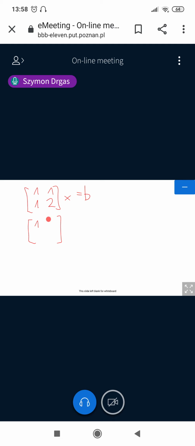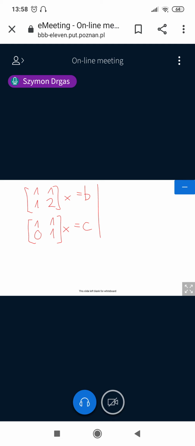If we subtract the first row from the second one, then in the second row we will obtain 0 and 1, and we also need to subtract the first element of b from the second one, and then we obtain a new vector which is called c here.